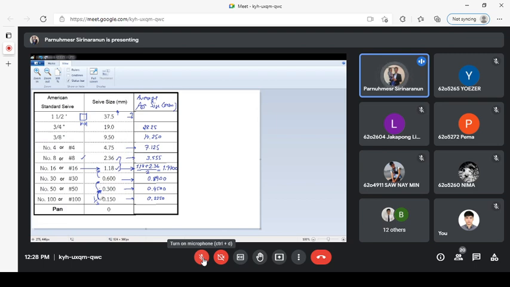But comparing upper to smaller is about 2 times. Yes or not? Yes. This side is near 2 times. So the concept of the American sieve is that the sieve sizes differ by 2 times.